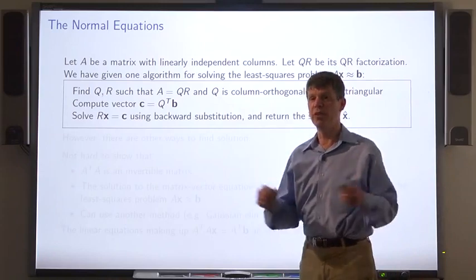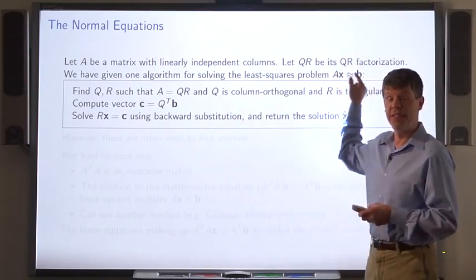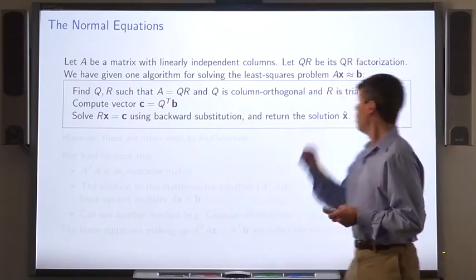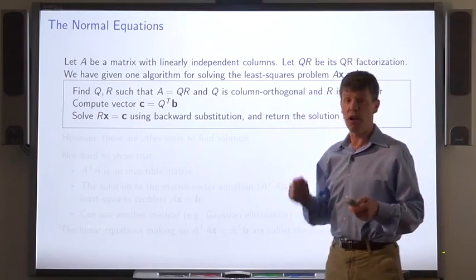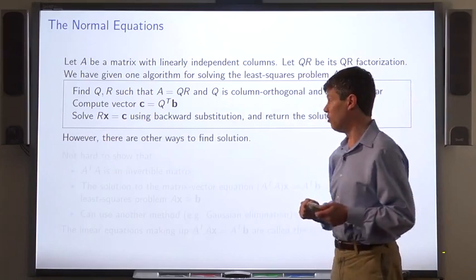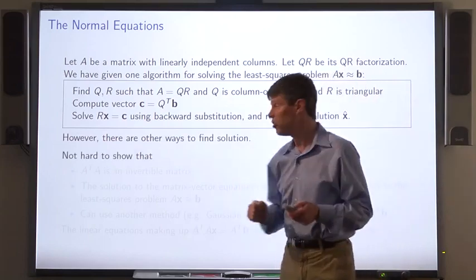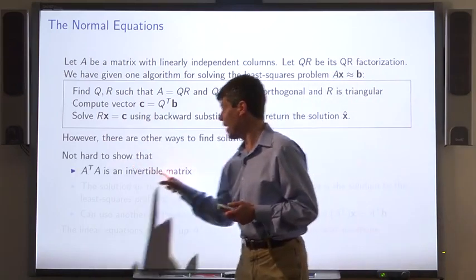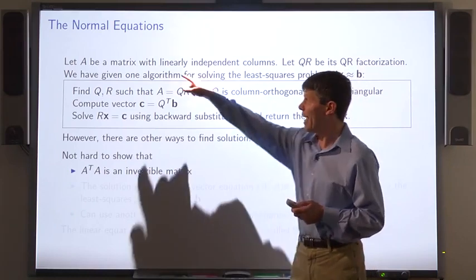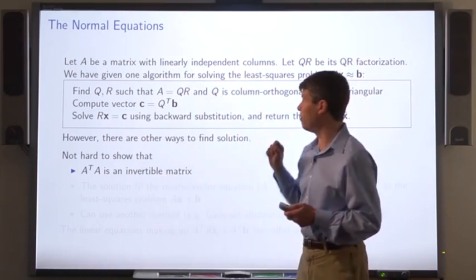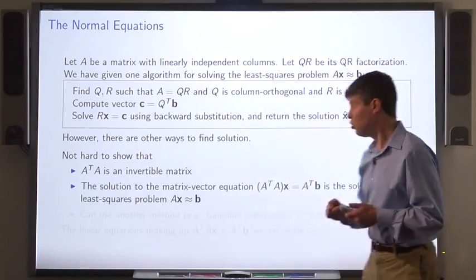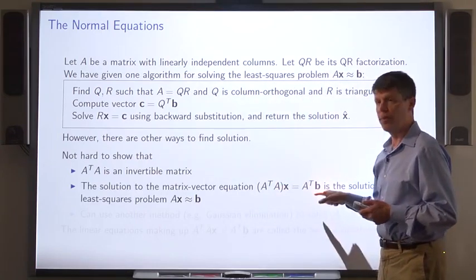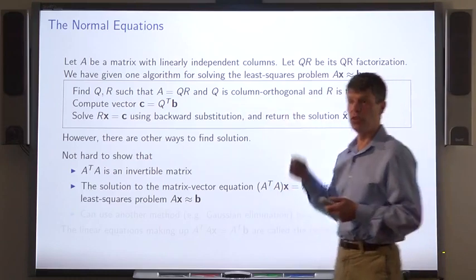So we've given one algorithm for solving the least squares problem, where we want to approximate b as A times x. But there are other ways to find such solutions. It's not hard to show that A transpose times A is an invertible matrix in the case where A is a matrix with linearly independent columns, and that the solution to this equation is also the solution that we want.